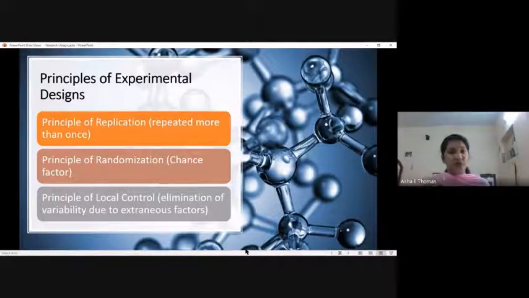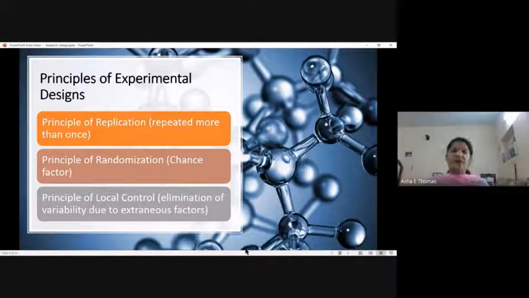What I'm trying to do first is categorize it on the basis of some homogeneous character, and within the group, every member has an equal chance of being picked up. So I have a population with many homogeneous groups, divided based on some feature which will help me eliminate the variability caused by the extraneous factor. Extraneous factors are those factors which are not part of this particular study, but we know they have some kind of impact on our study.